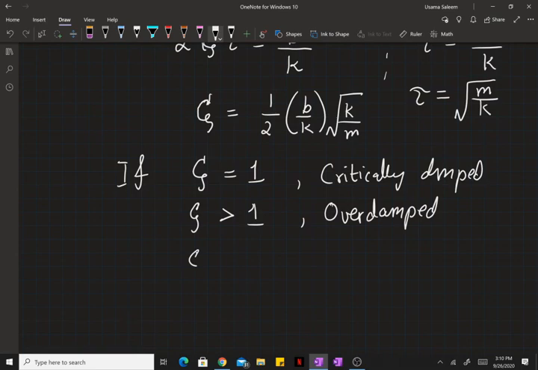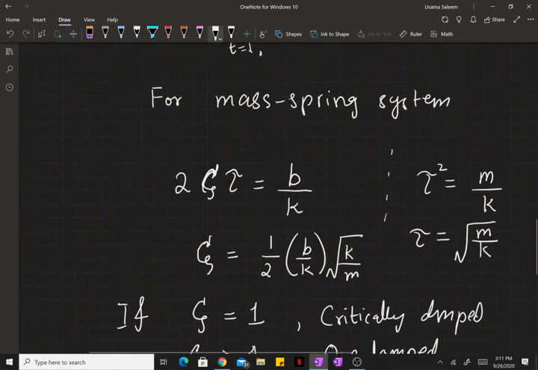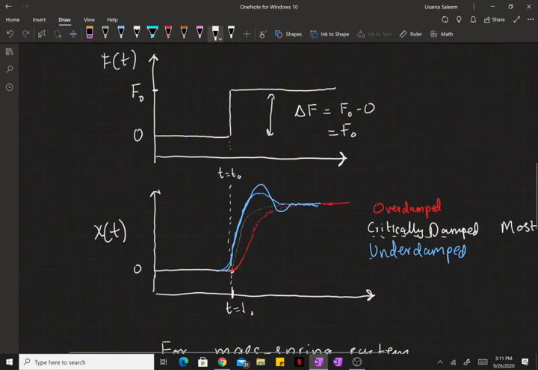And if it's below 1, we're gonna have an underdamped system, so we're gonna have an oscillatory response which has a tendency to overshoot the final steady state.